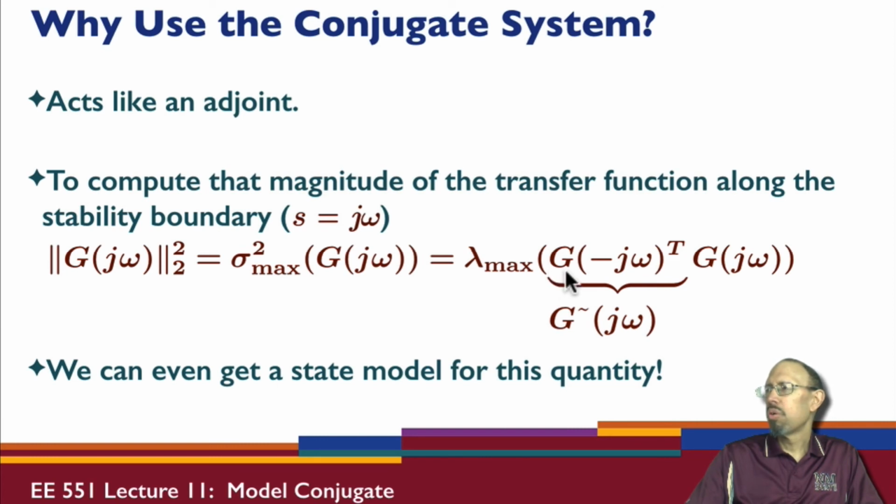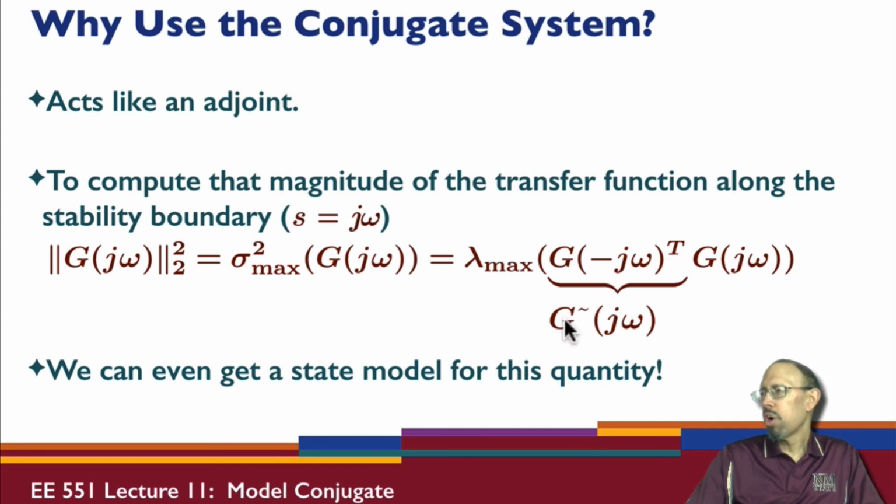Okay, so notice that this is the complex conjugate transpose of this. So the largest eigenvalue of the complex conjugate transpose times the matrix is the largest singular value squared of this matrix.